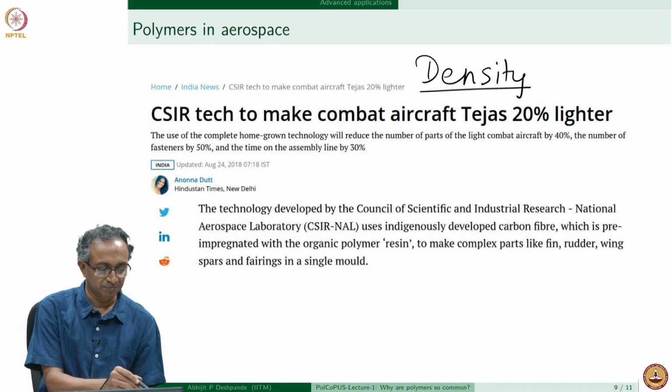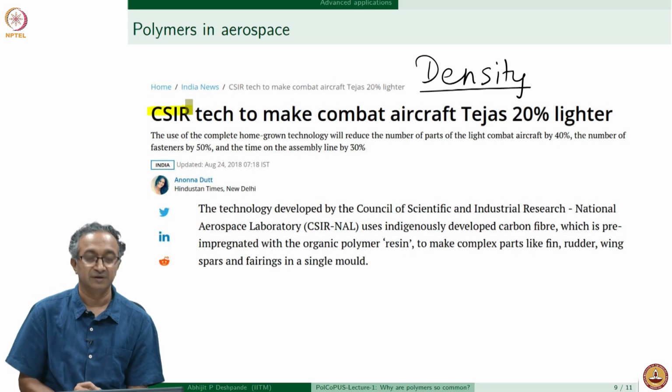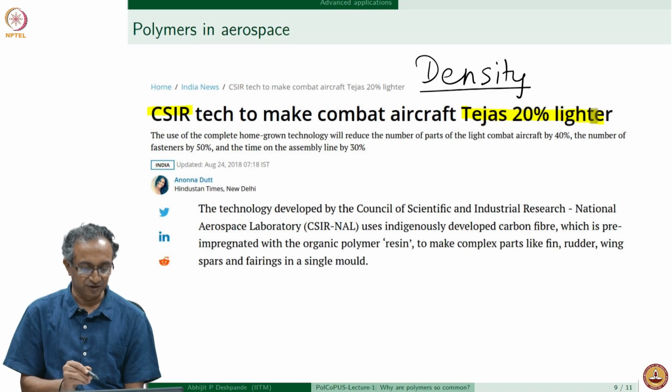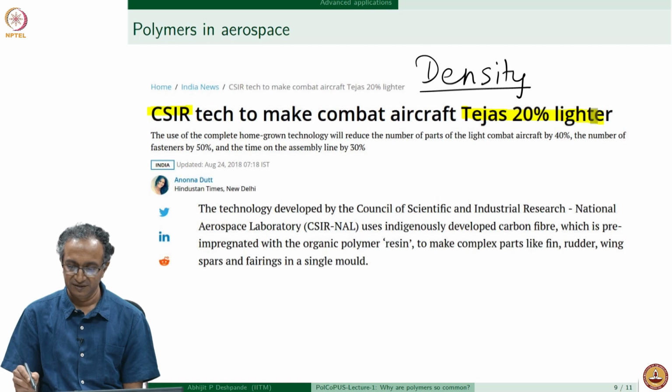And this story, for example, is from our own CSIR, Council of Scientific and Industrial Research, which talks about a fighter jet that is being indigenously developed. In fact, the idea is to make it even lighter, because once you make it lighter, you have to carry less fuel and it becomes even more efficient. And of course, this can only be done because we can reduce the number of parts.